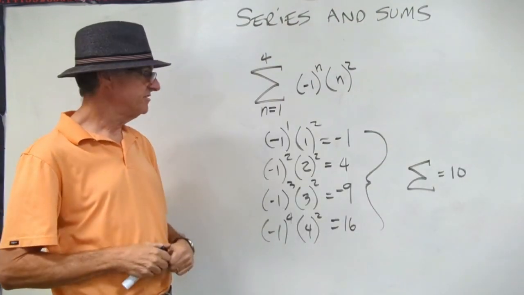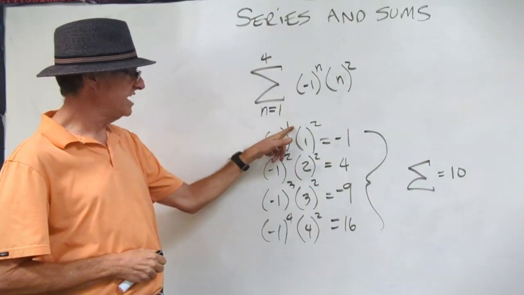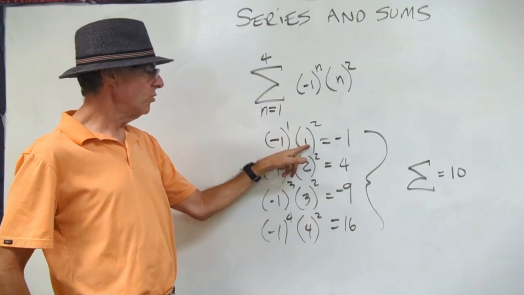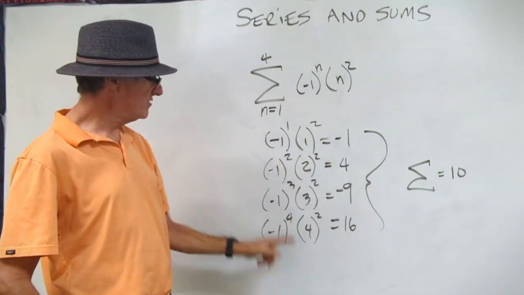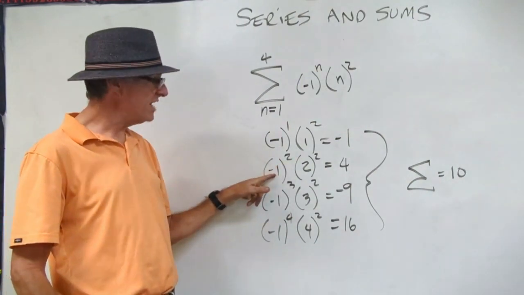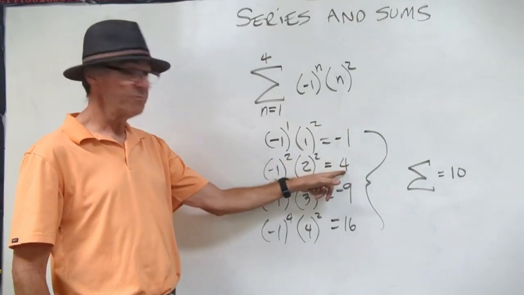All right, let's see how you did. So I just did my plug-in. Negative 1 to the n is negative 1 to the first power, so that stays negative 1. 1 squared is still 1, so I have negative 1 times 1, I get negative 1. And so on as I go down. But notice how negative 1 squared becomes positive 1. So when we multiply that by 2 squared, which is 4, this one goes positive.